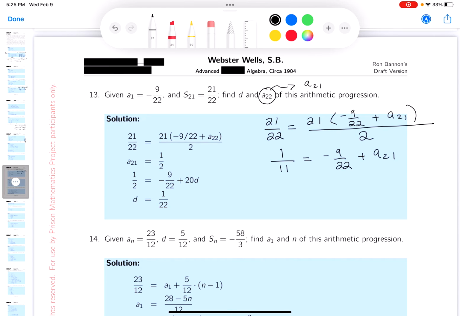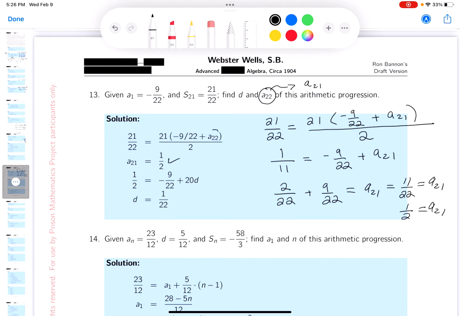Well, this is going to be 2 over 22 plus 9 over 22 equals A21. And what's that going to give you? 11 over 22 is going to be A21. What does that give you? 1/2 equals A21. All right? So I'm going to say A21 is a half.